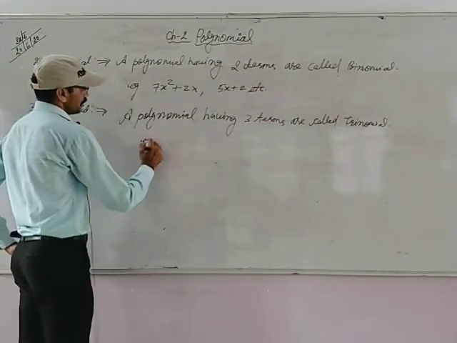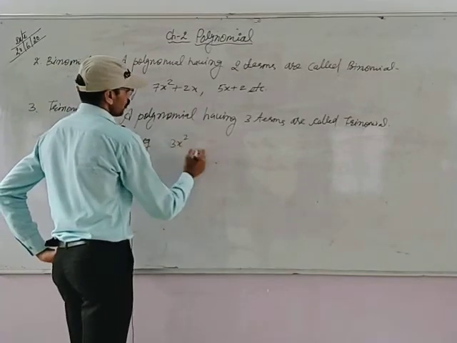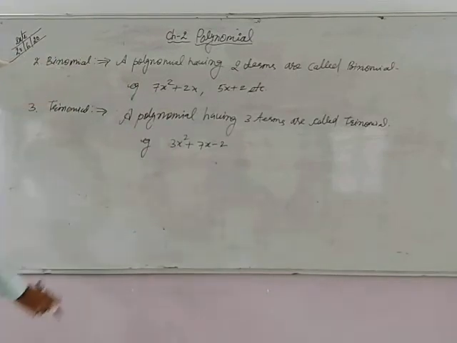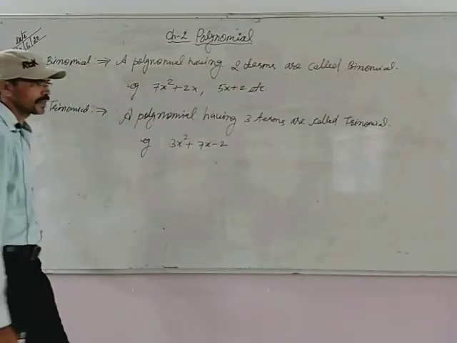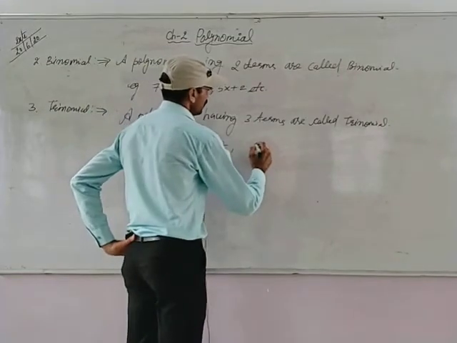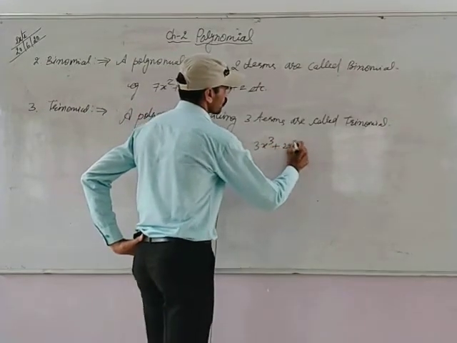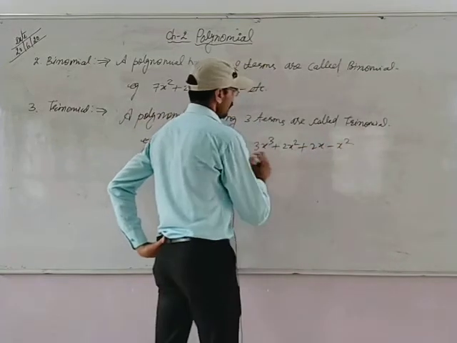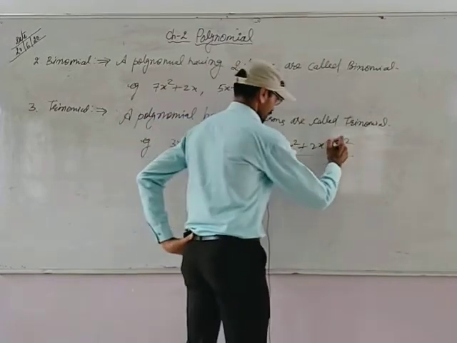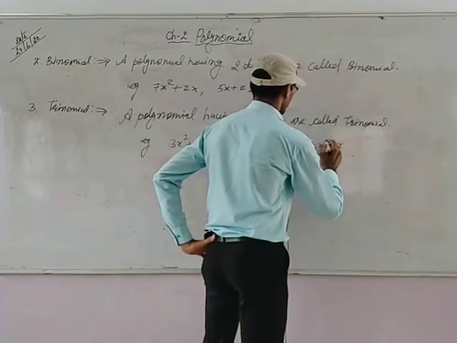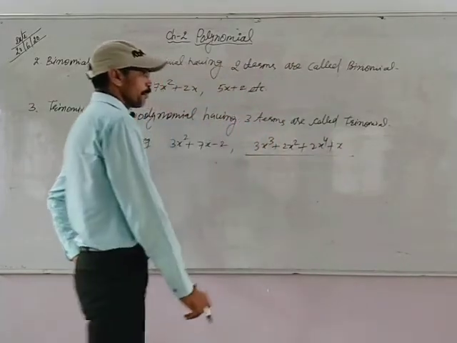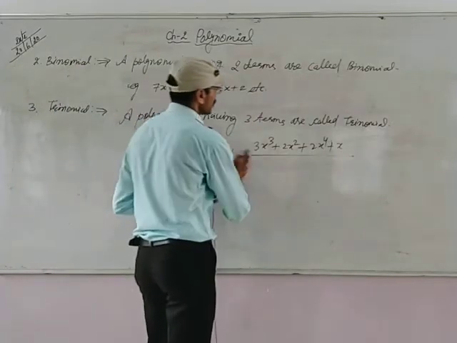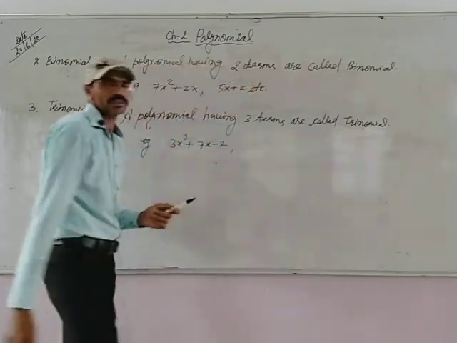Here example, 3x square plus 7x minus 2. It is an example of trinomial. If we take example 3x cube plus 2x square plus 2x minus x square, it is not an example of trinomial. We can say having only three terms.